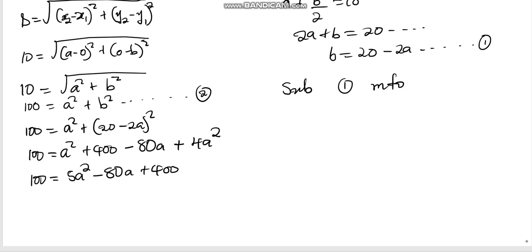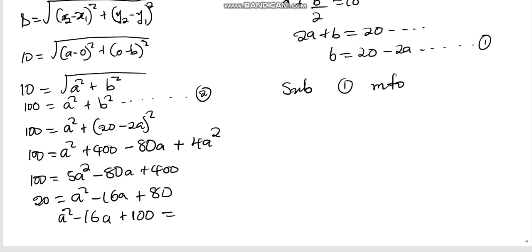Now we can reduce this by dividing throughout by 5. So we're going to have 20 is equal to a squared minus 16a plus 80 this side here. Okay, so now we can push this 20 the other side, so we're going to have a squared minus 16a plus 60 is equal to 0, like this here. Sorry, it should be a 60 here, not 100.